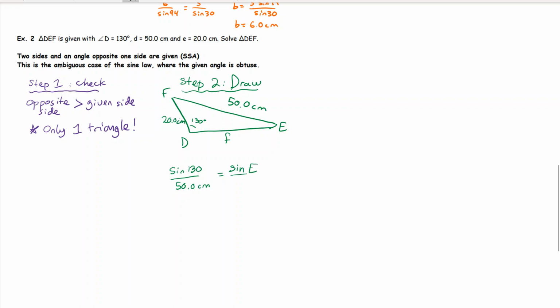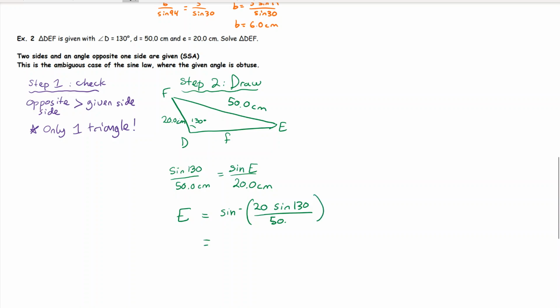So the sine of E divided by its opposite side, which is 20 centimeters. So if I'm trying to find angle E, I'm going to bring the 20 up, so I have angle E is going to equal the inverse sine of 20 centimeters times the sine of 130 divided by 50 centimeters.